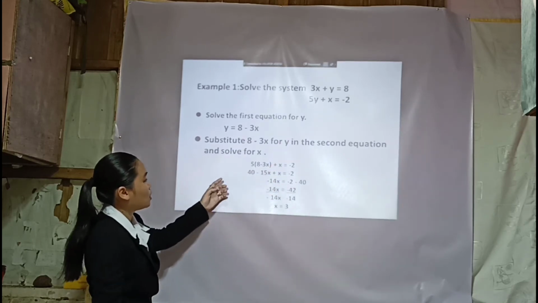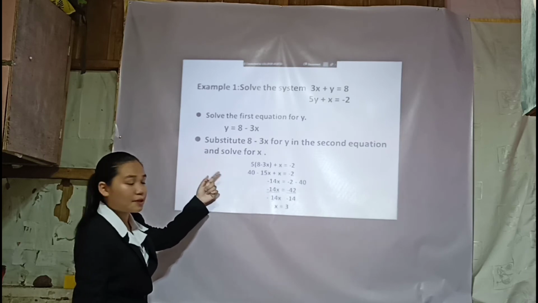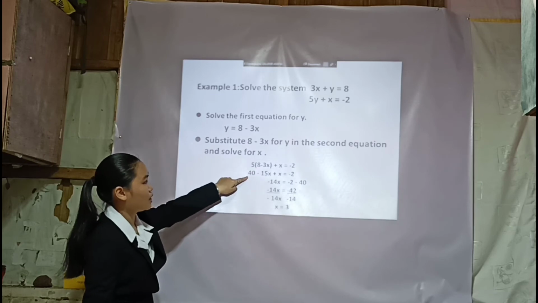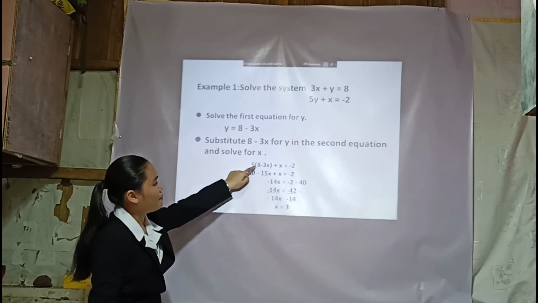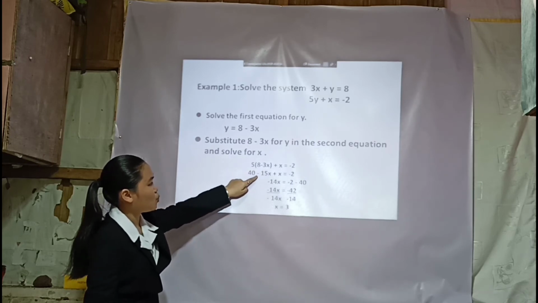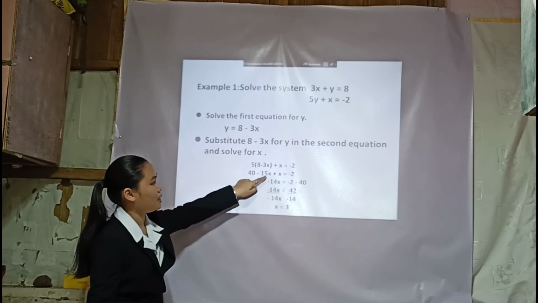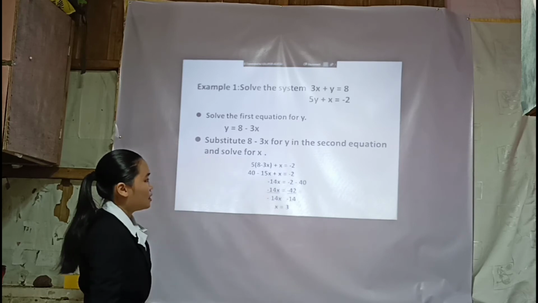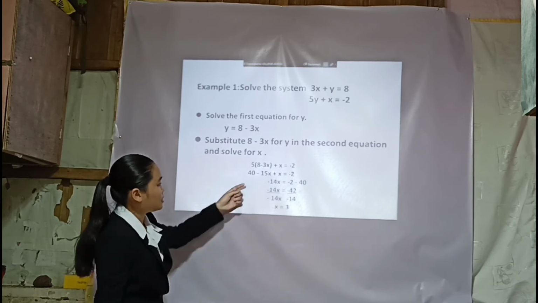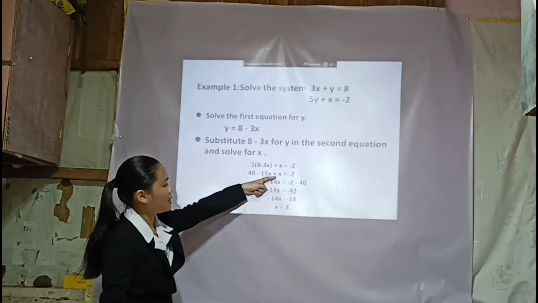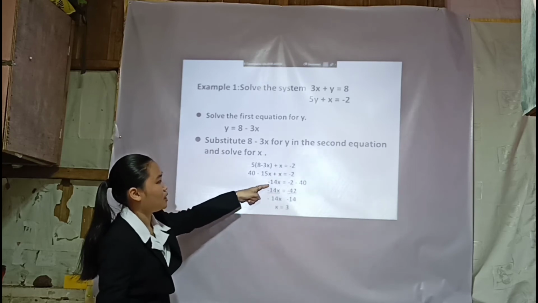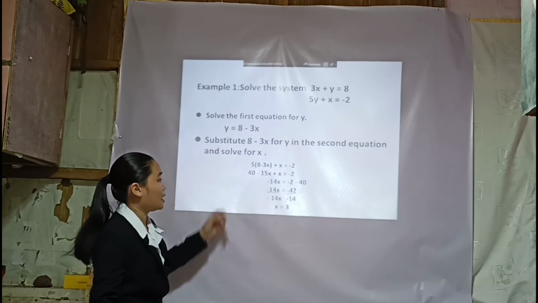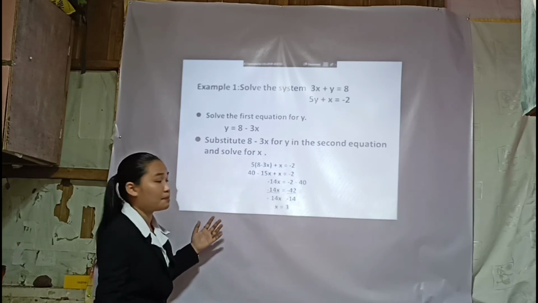In this case, we have to use the distributive property. 5 times 8 equals 40. 5 times negative 3x becomes negative 15x, plus x equals negative 2. Then combine like terms. Negative 15x plus x equals negative 14x because they have different signs, so we subtract and copy the sign of the bigger number.